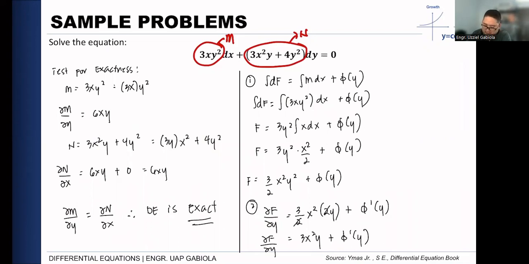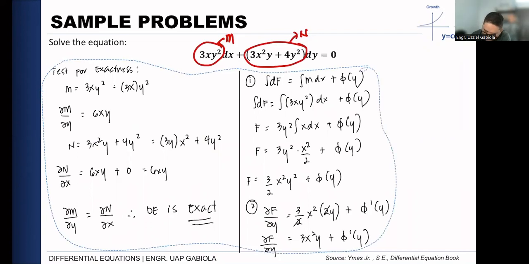Okay? Anong next step? Pag nakuha natin yung partial ni f with respect to y, anong kasunod pong gagawin natin? I-equate po sa value nung n.